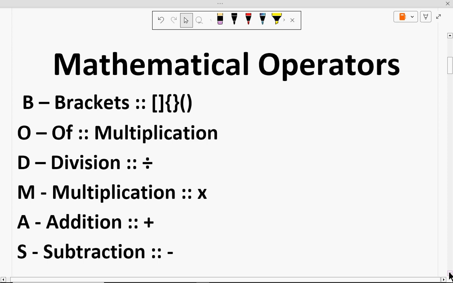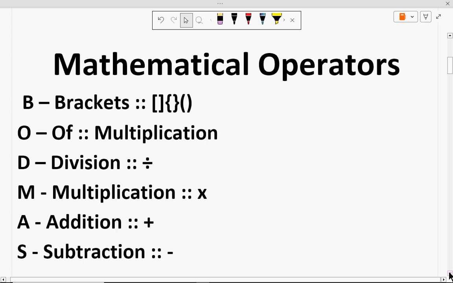There are three types of brackets: big bracket, curly bracket, and small bracket. The left part of the bracket is called the opening bracket, and the right part of the bracket is called the closing bracket. This is true for all the types of brackets, say big bracket, curly bracket, and small bracket.